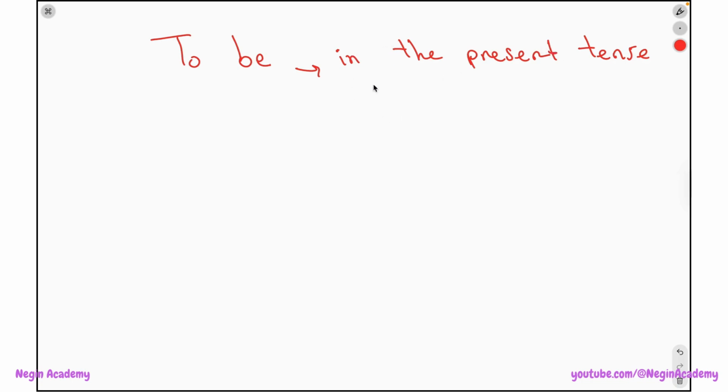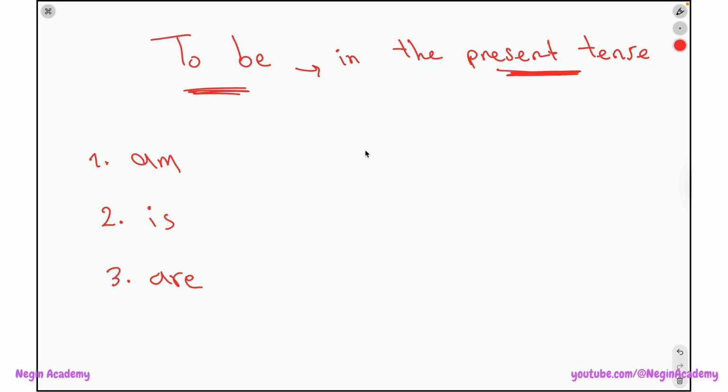The forms of to be. Look at here, guys. We have three different forms of to be verbs: am, is, and are. Only these three can be used in present tense, simple present or present simple. But here we have different subjects.